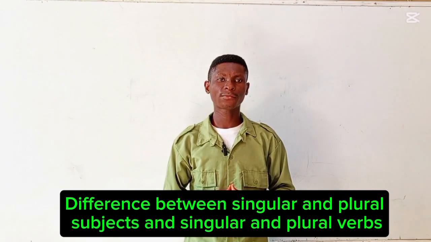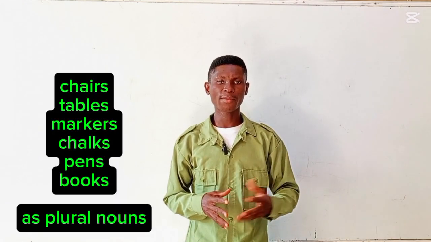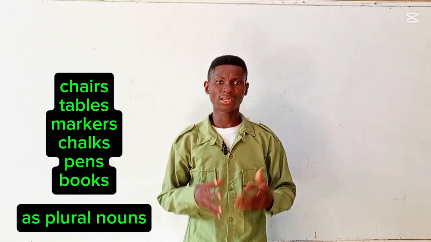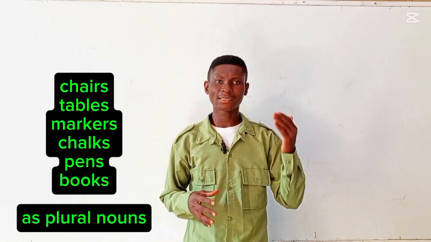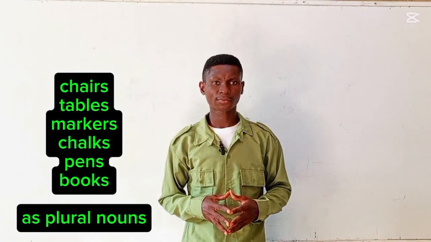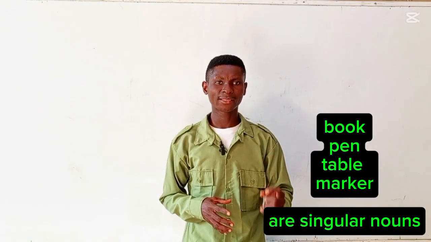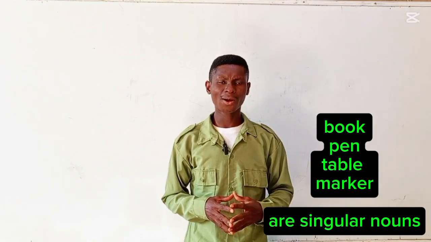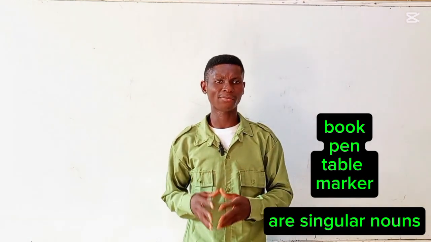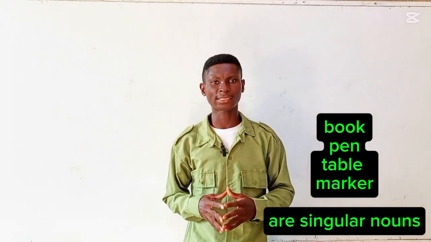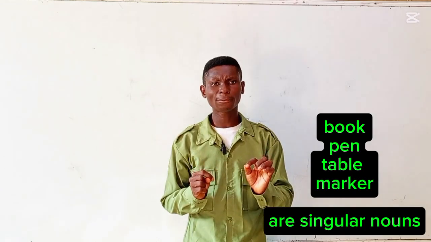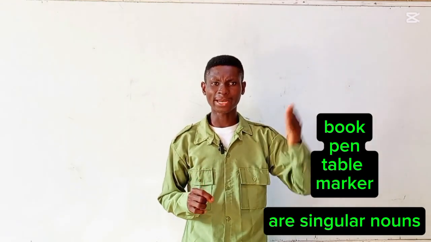Hence, we have chairs, tables, markers, chalks, pens, books as plural nouns. However, book, pen, table, marker, and so on are singular nouns because they don't have the "s" suffix at the end.